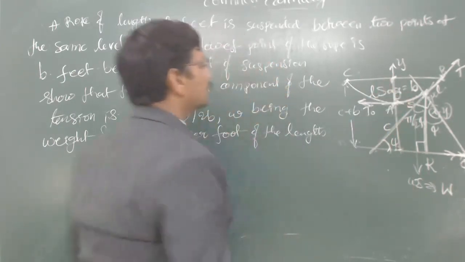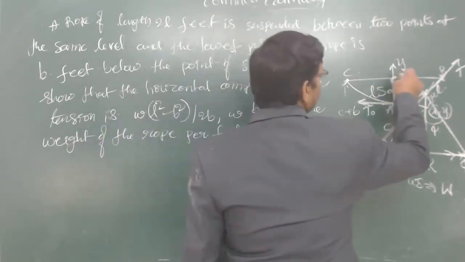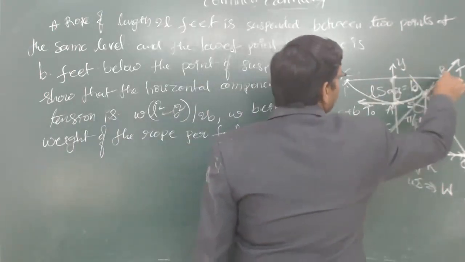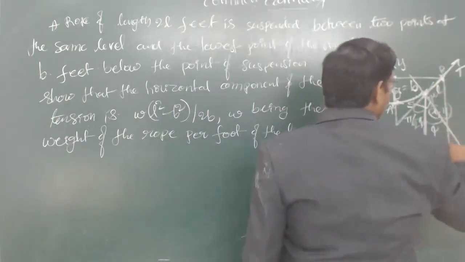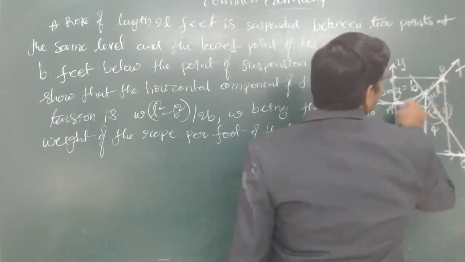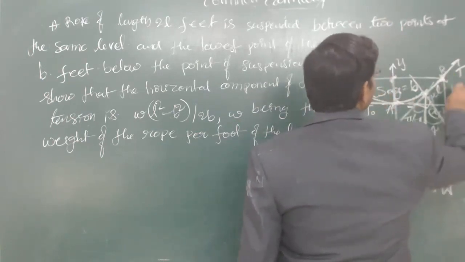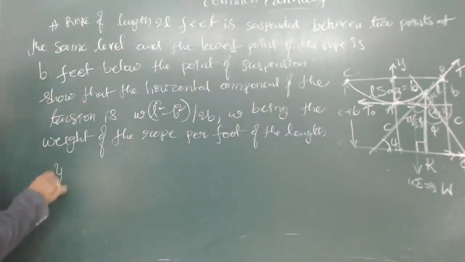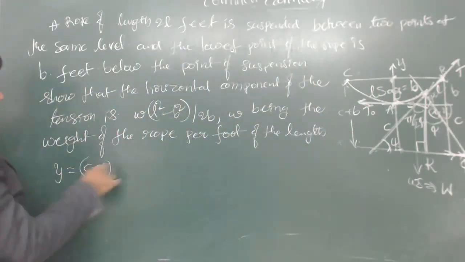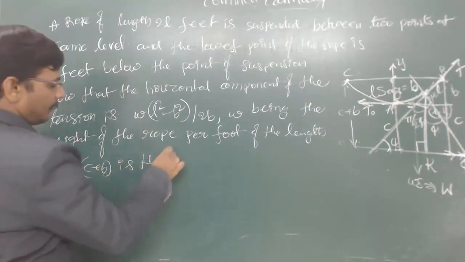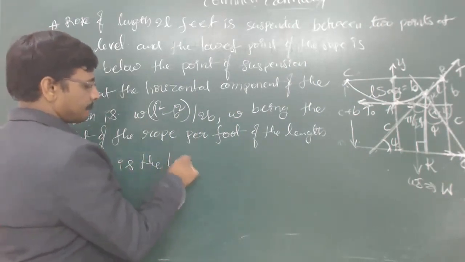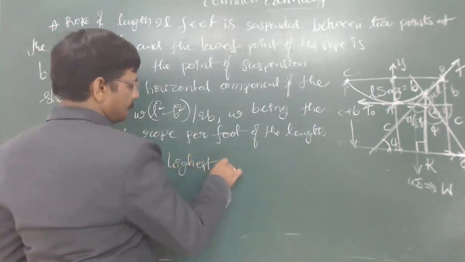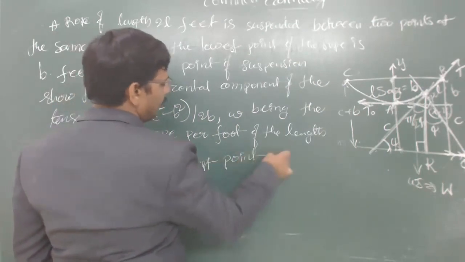The highest point is this value, which can be divided as C and B. So y is equal to C plus B, the highest point.